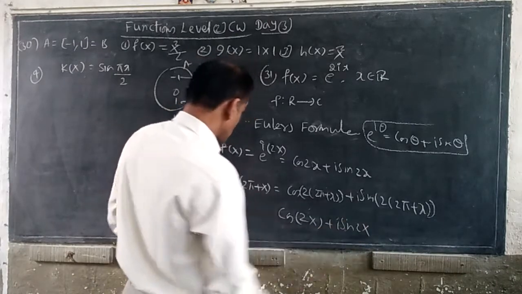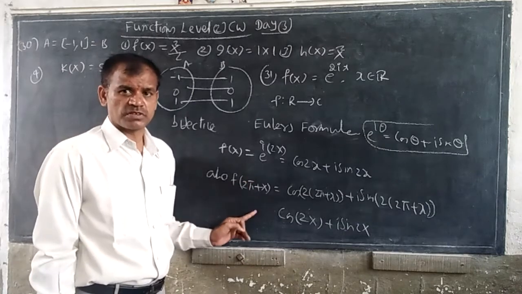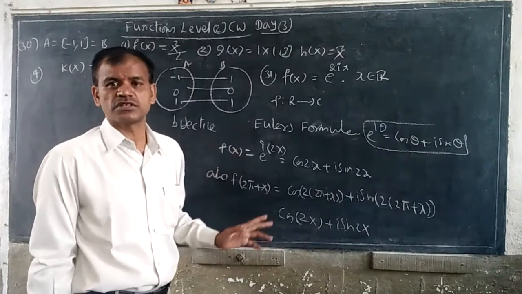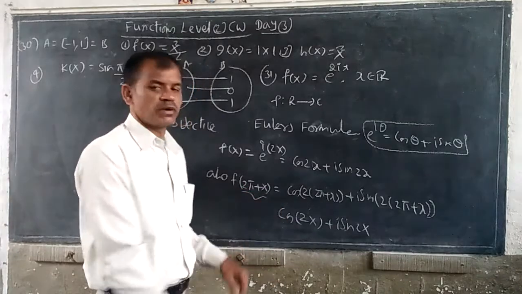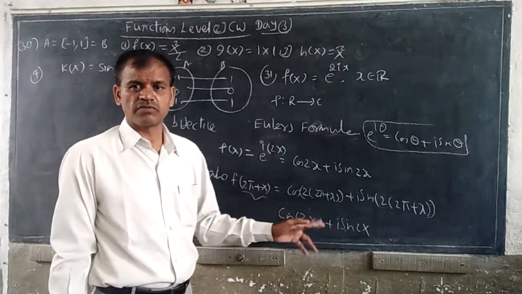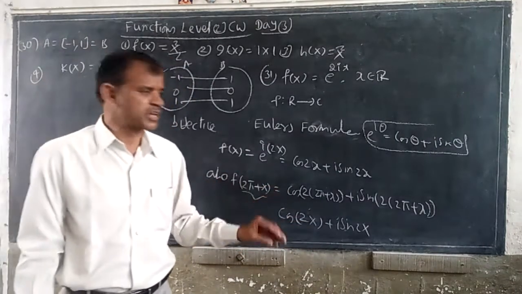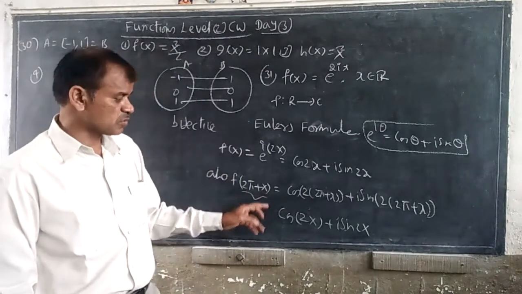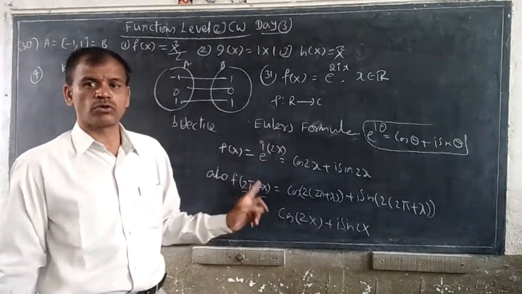Not only f of 2 pi plus x, f of 4 pi plus x, f of 6 pi plus x, like that plenty of values you can substitute. This is nothing but a periodic function. F of p plus x is equal to f of x is a periodic function where p is the period. So for every value 2 pi, 4 pi, 6 pi, plenty of values you can substitute, and we are getting simply the value of x.